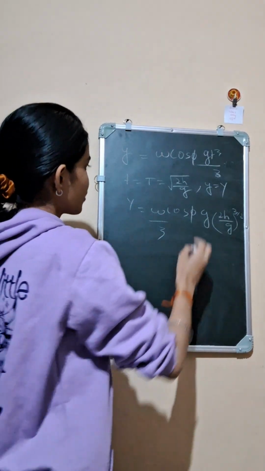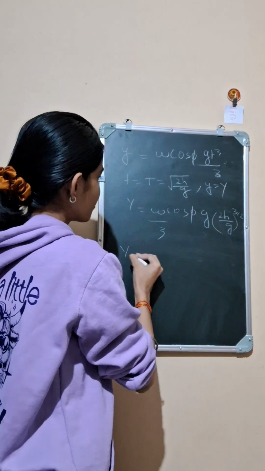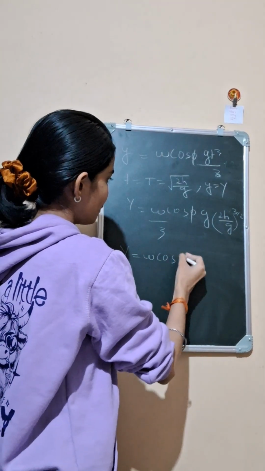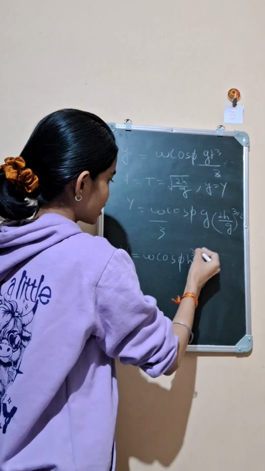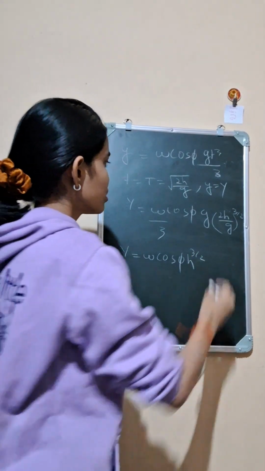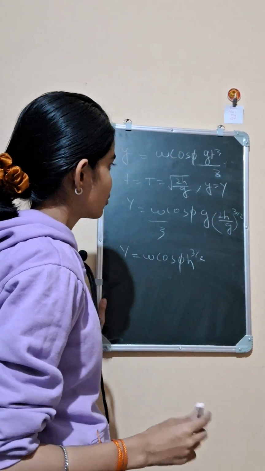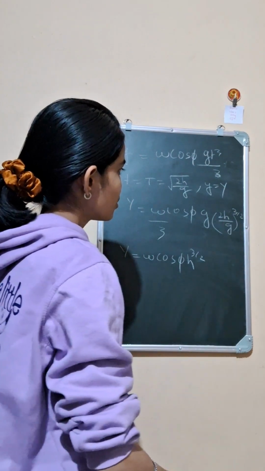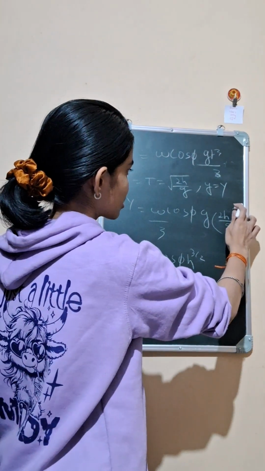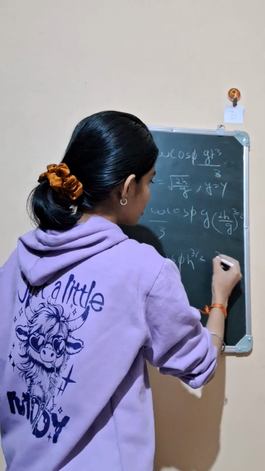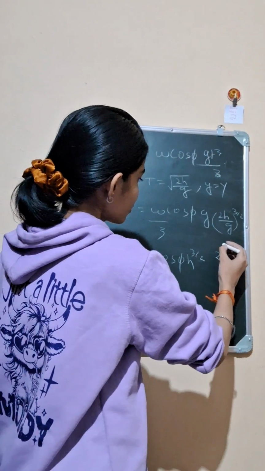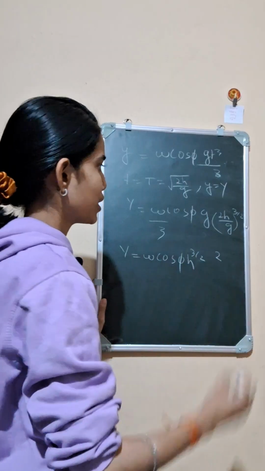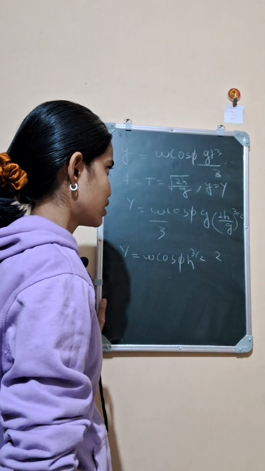So here let us simplify this further. We can take h outside: omega cos phi h to the power 3 by 2. Here 2, let us take 3 inside, meaning 2 to the power 3, to the power 1 by 2, right?